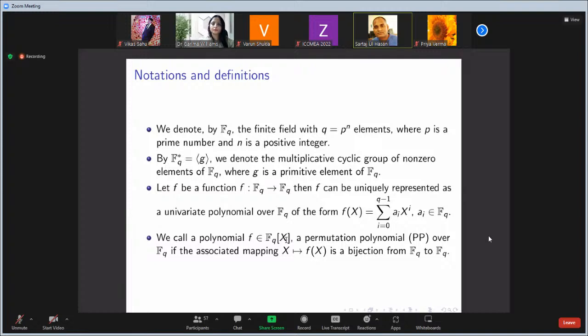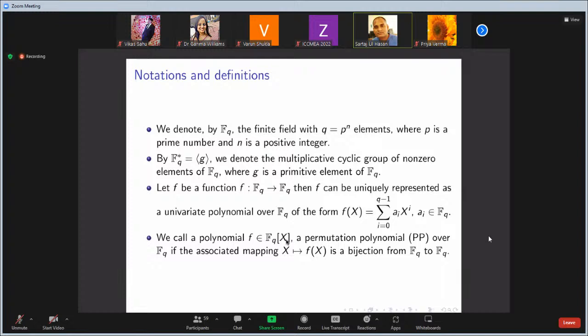It's basically a map from the finite field to itself which is one-to-one and onto. So there is a bijection from Fq to Fq. Such a polynomial or function is known as a permutation polynomial, and they are very important objects when it comes to block ciphers.